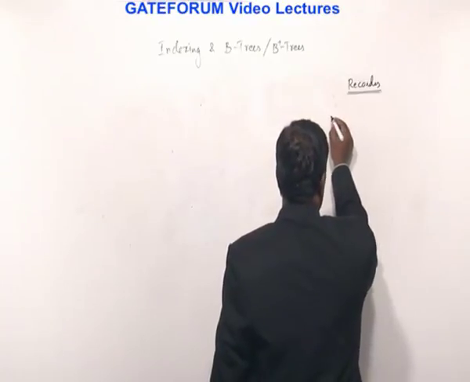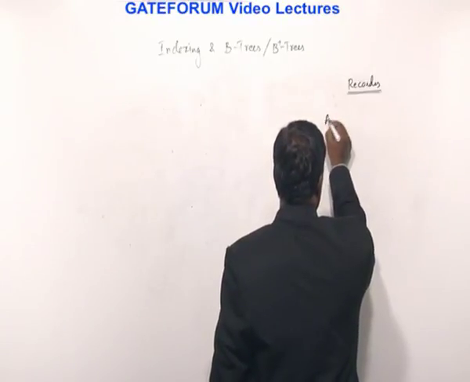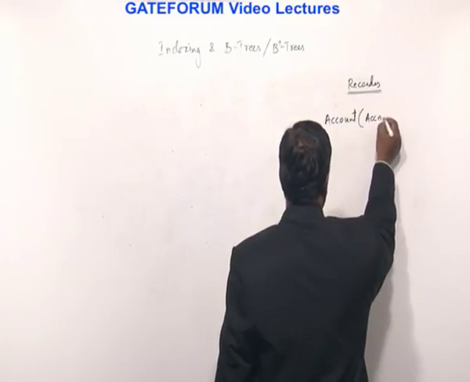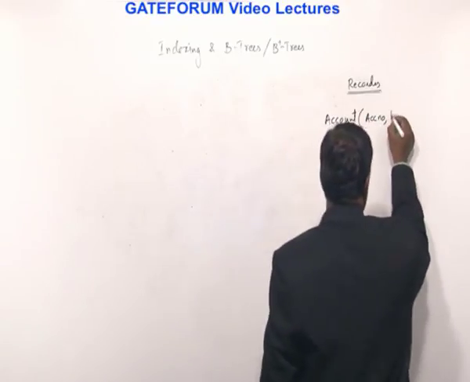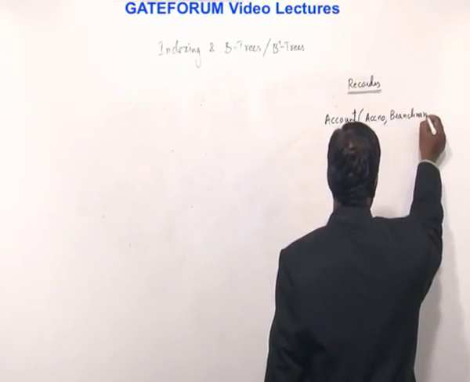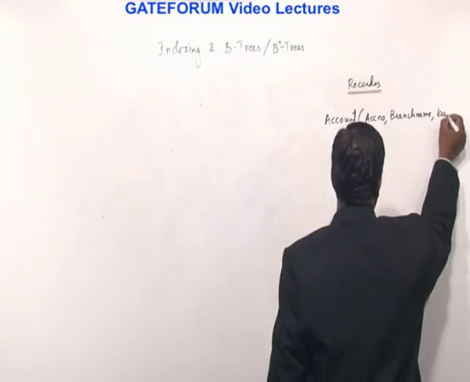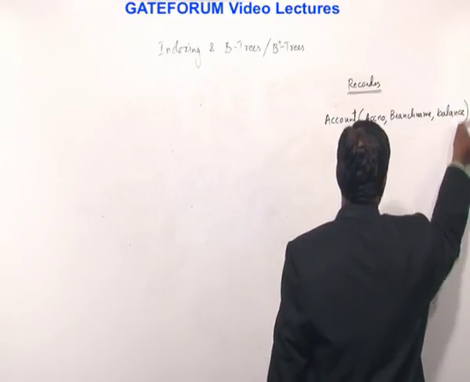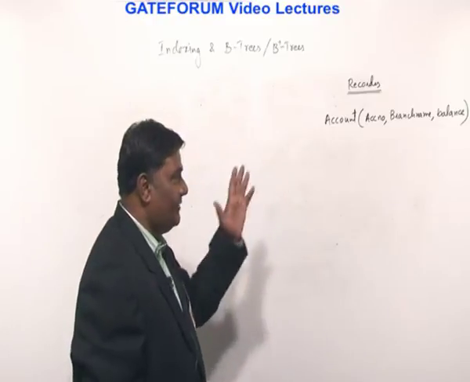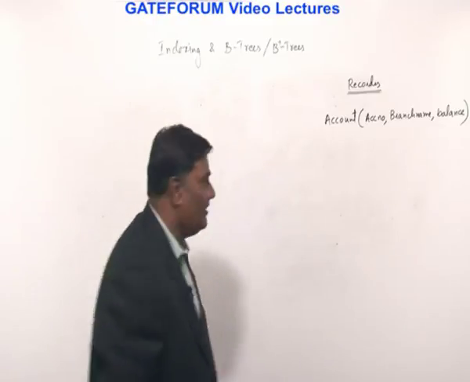I am taking one schema, account, having account number, branch name, balance. This example I am taking. Suppose this is one table, a relation.